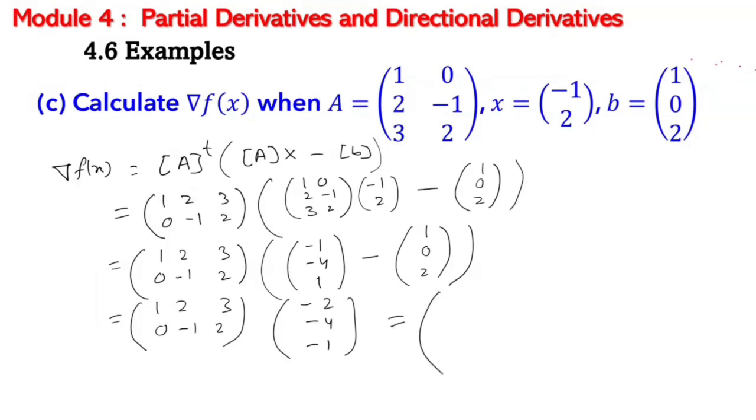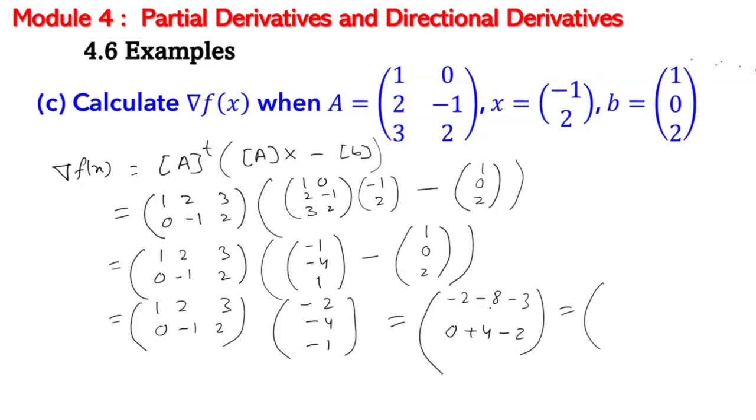Multiply it and you will get minus 2, minus 8, and minus 3, and this one will be 0, plus 4, minus 2.